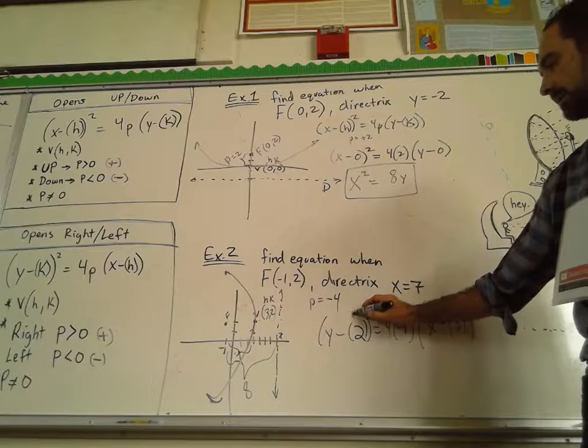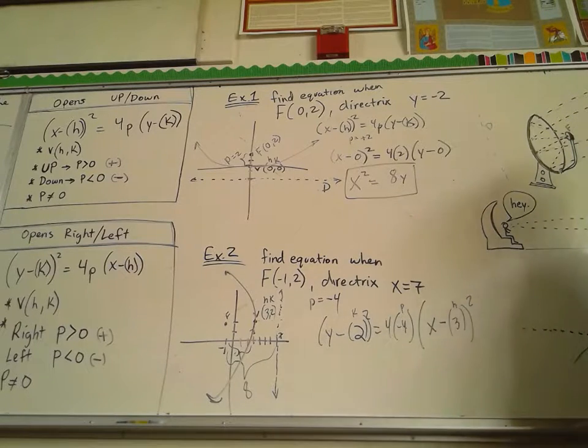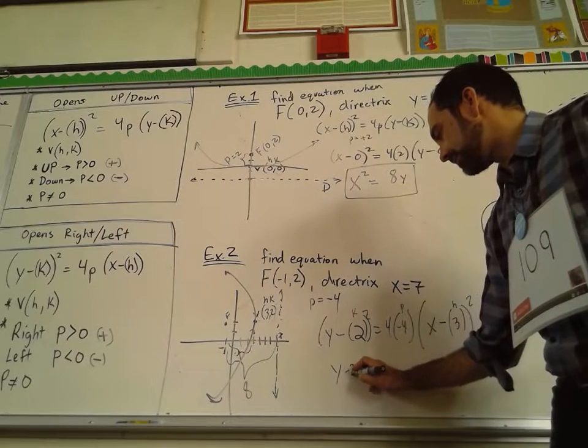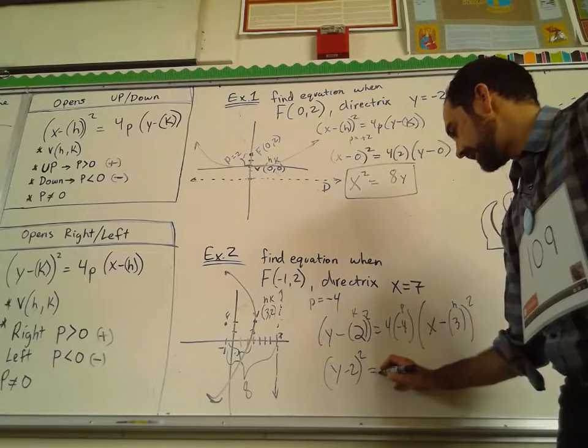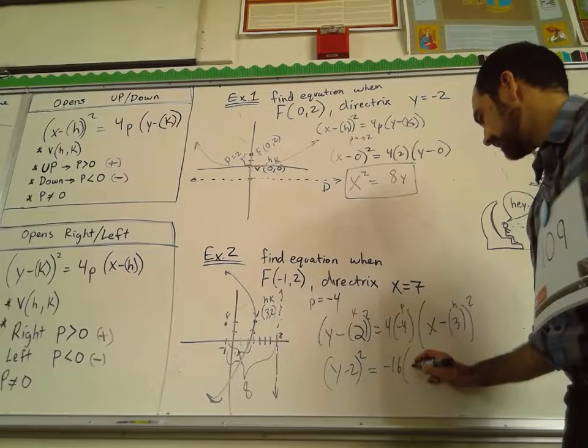K, H, P, that's all we have to input. All right, so now look at that. We're going to have Y minus 2 squared is equal to negative 16 times X minus 3.